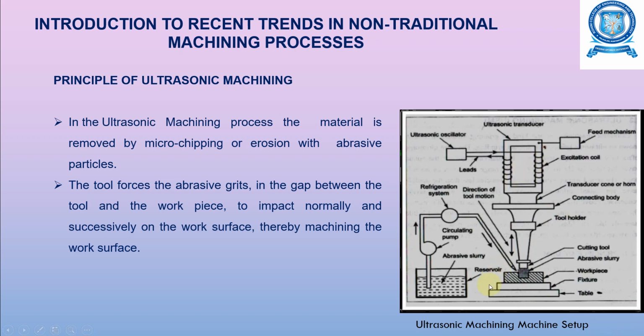So you can see from this ultrasonic machining machine setup, you have an ultrasonic transducer, and you have a transducer cone that is being connected to the connecting body, and you have a tool header, and below this tool header you have the cutting tool, and below that you have the abrasive slurry, and the workpiece is placed on the fixture above the table, and the tool movement, that is the cutting tool, is a reciprocating movement.